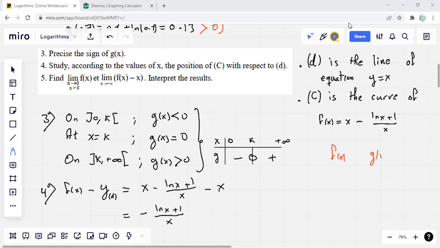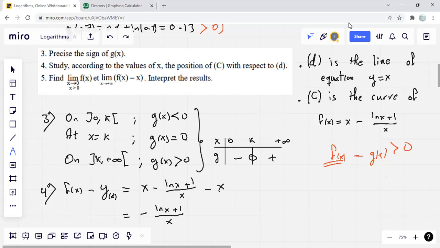Sorry, the connection is not very well today, so you'll be hearing so many cuts. Okay, f of x minus g of x. If we subtract both these functions and we get a positive answer, it means that f is greater than g, so the curve of f is higher than the curve of g.